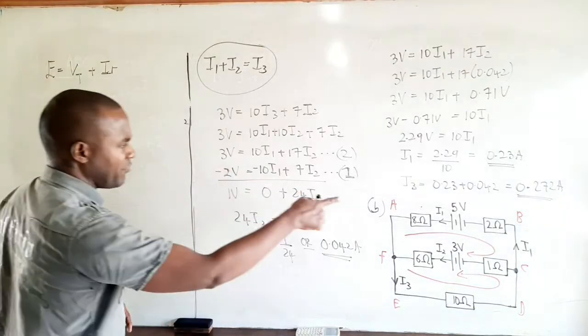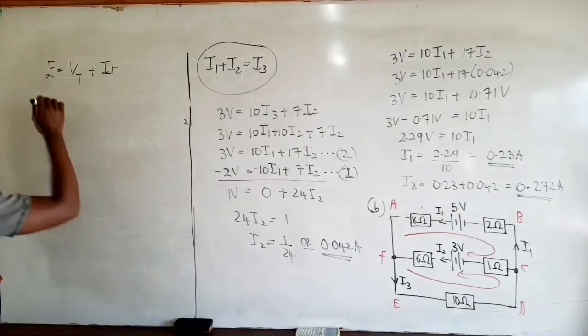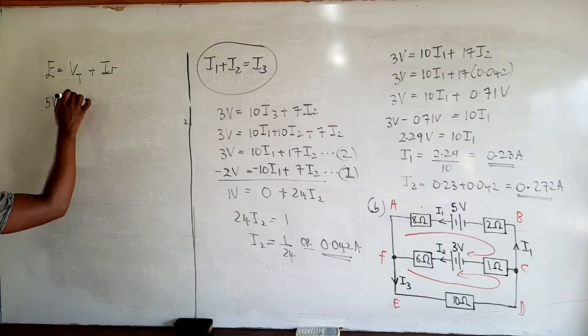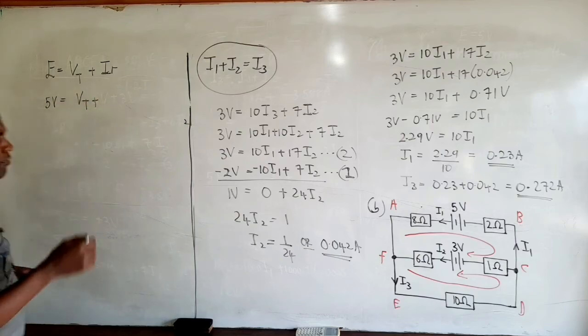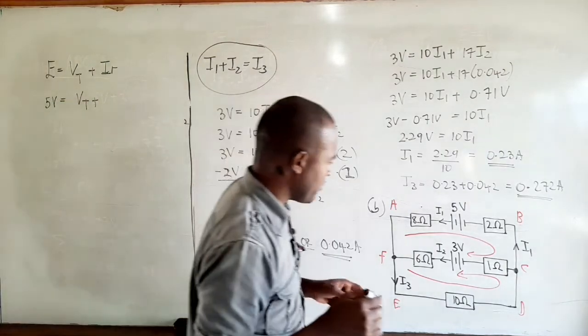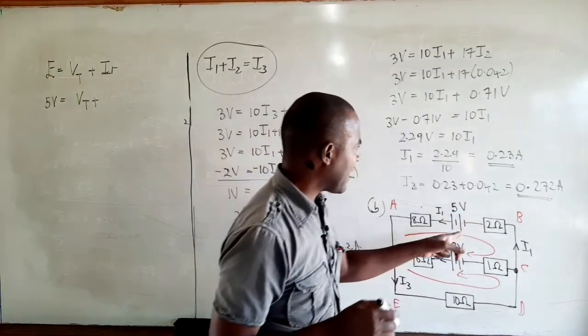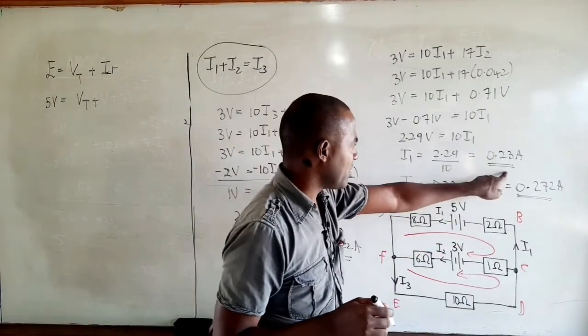So for the 5 volt battery, what we'll have is this: 5 volts is equal to VT plus the current. In this case, the current being driven through the 5 volt battery is I1, and the value of I1 is 0.23.